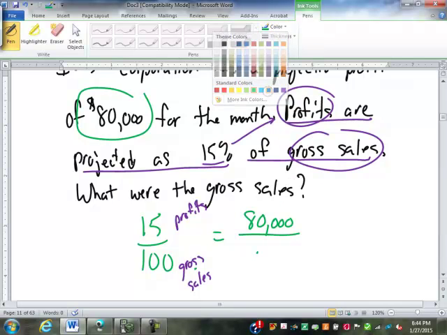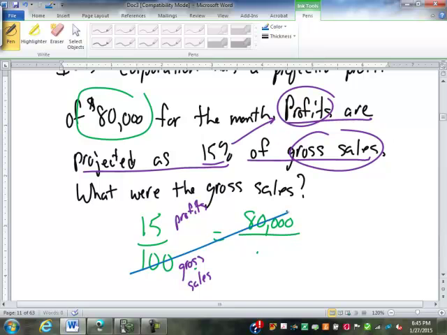So now we're going to cross multiply and divide. 100 times 80,000 and divided by 15. $533,333.33? Yes. Okay.